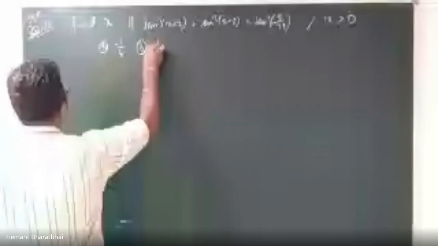And the options are: option B plus 1 by 4, option C plus 4, option D minus 4.